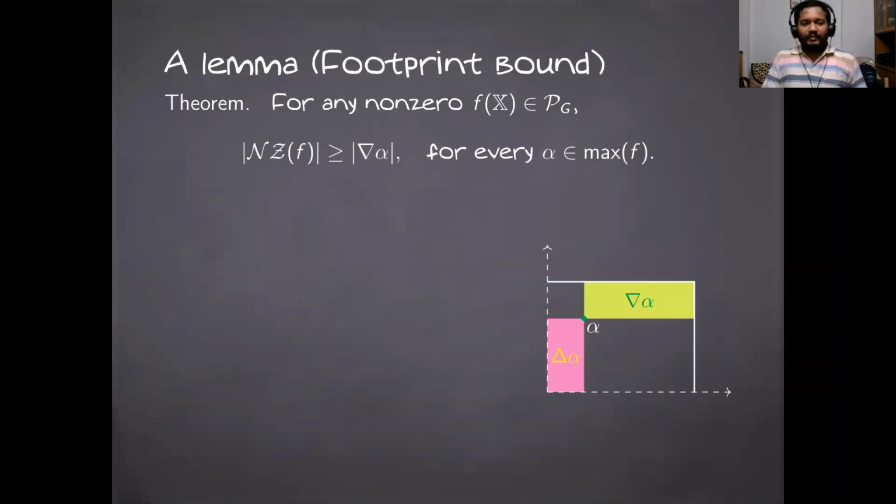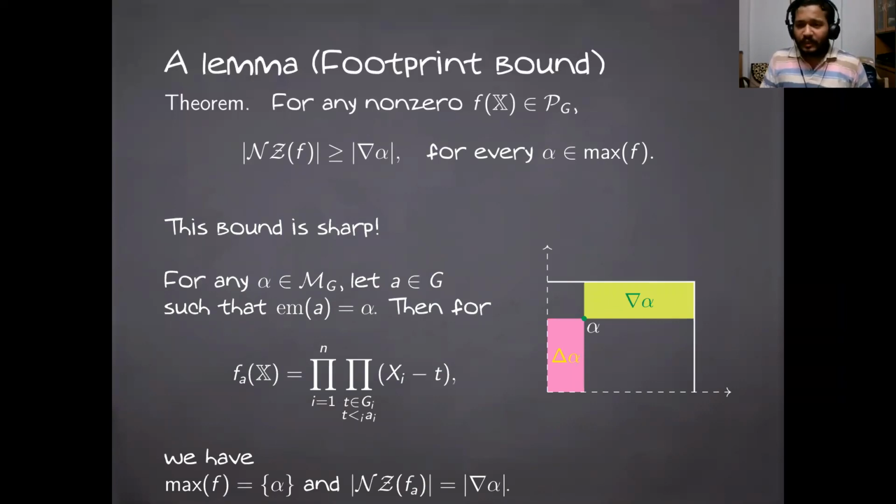So going ahead, this bound is sharp. It's not a strict lower bound. So we again go back to the same nice polynomials that we had looked at earlier. Take any element alpha in the grid, and corresponding to it, look at the product of linear factors. We already saw that its non-zero set is exactly the shade of alpha.